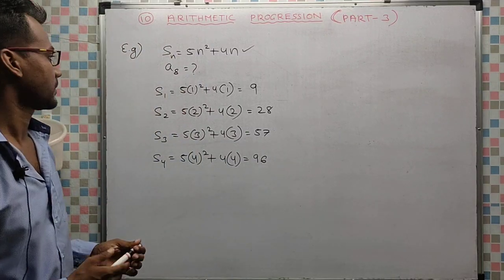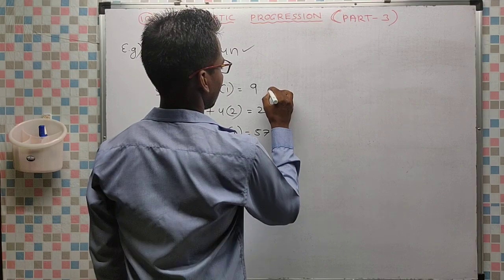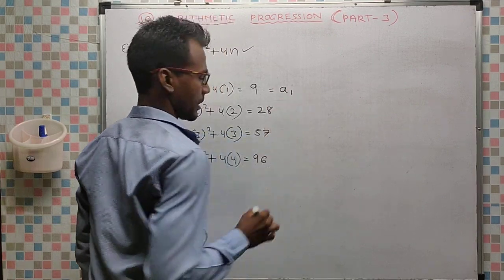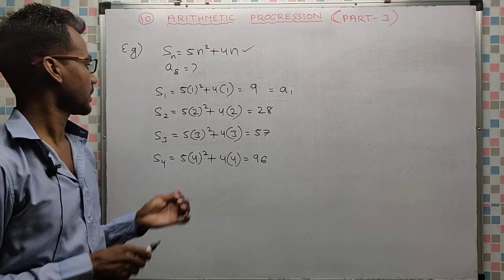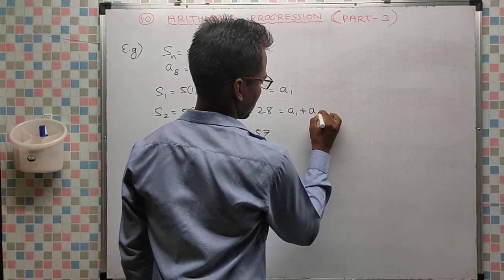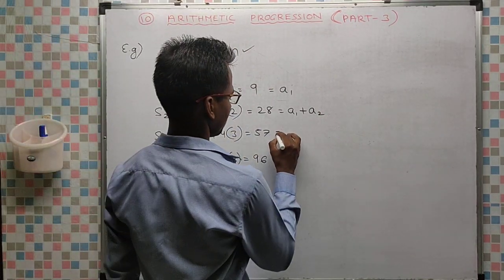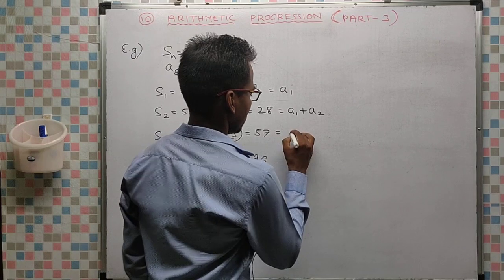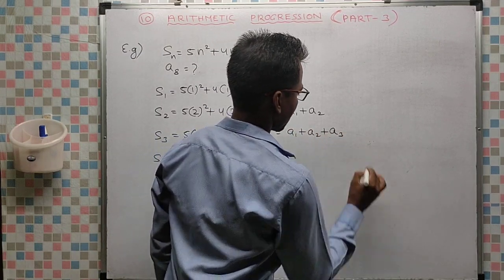Okay. Now try to understand this. This is simply A1. Sum of first term is what? A1 only. And what is S2? A1 plus A2. What is S3? A1 plus A2 plus A3.